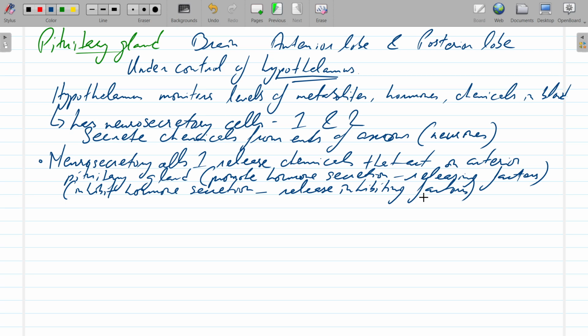Now the neurosecretory cells 2 produce secretions that are stored by the posterior pituitary gland, and are released later as hormones.